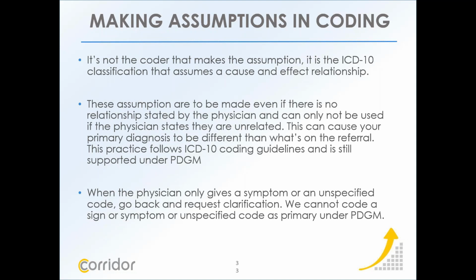We as coders have to actually follow it. So it will still cause your primary diagnosis to be different sometimes than what you believe was supposed to come back. The only way we're allowed to not make these assumptions is if the physician states that the conditions are unrelated. If it's just documented, the ICD-10 manual itself will require those codes to be listed together or listed as related. So it's not something that the coder is doing, it's something that the code set is doing.